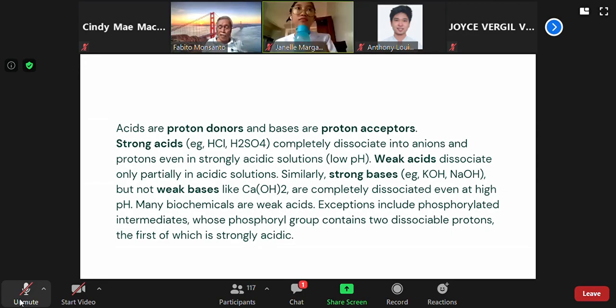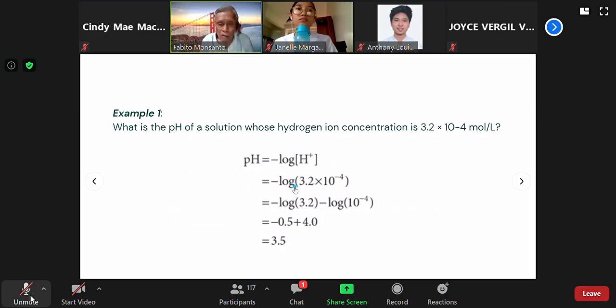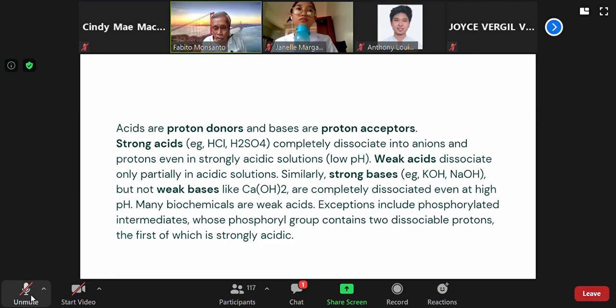Actually, in the strict sense, potassium hydroxide and sodium hydroxide, they are not called bases. They are called alkalis.